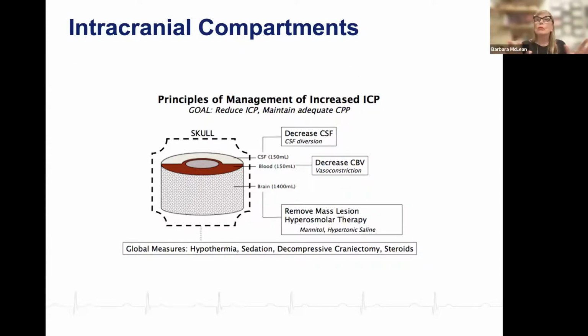So we think about those global principles and our methodologies for managing increased ICP. What we want to do is reduce intracranial pressure and improve perfusion. So I want to make sure we all appreciate whenever we're dealing with a patient who has increased intracranial pressure, we are doing two things. We want to decrease the intracranial pressure, and we want to improve the blood flow.